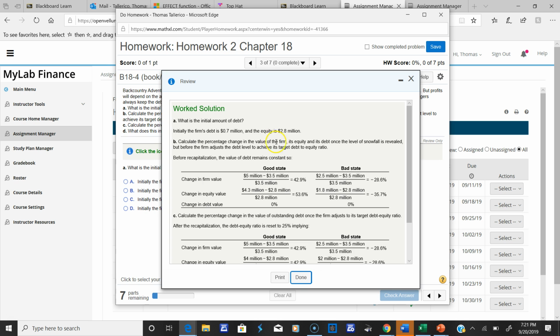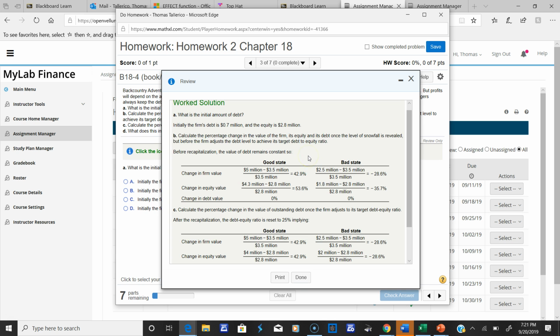Calculate the percentage change in the value of the firm, its equity and its debt once the level of snowfall is revealed, but before the firm adjusts the debt level to achieve its target debt to equity ratio. So this is before they adjust their target debt equity ratio. Before recapitalization, the value of the debt is going to remain constant.